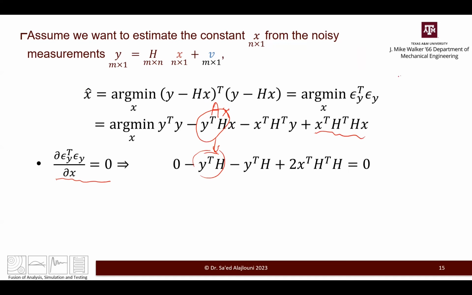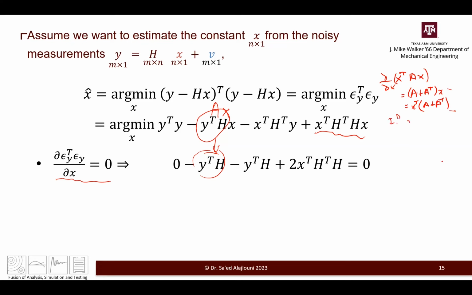if you have x transpose A x, and you take the derivative with respect to x, you get A plus A transpose times x, which is the same as x transpose times A plus A transpose.